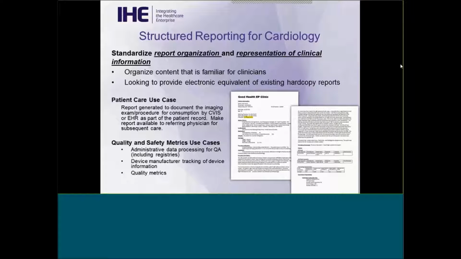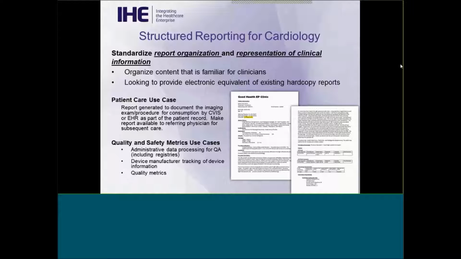So, as I said, our goal is to focus on standardizing the report. That includes report organization, so that's where information is included in the report, and the other is the representation of that clinical information. We want to maintain that for the users, the clinicians, we don't want to disrupt their workflow and what they're used to.